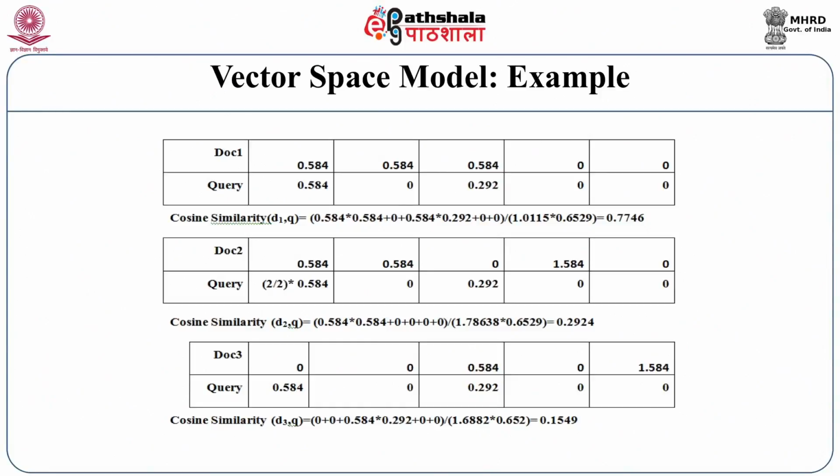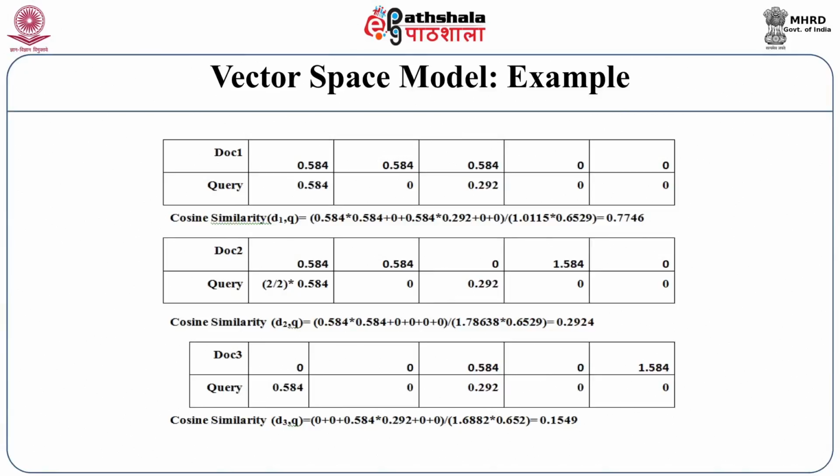So for the cosine similarity value we just multiply them, that is 0.584 into 0.584 plus 0 plus 0.584 into 0.292, divided by the length of document D1 and the query, and it gives the result 0.7746. It is the cosine similarity value, or the cos theta value.